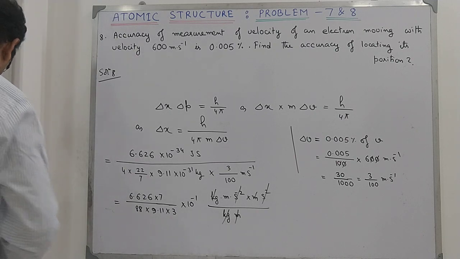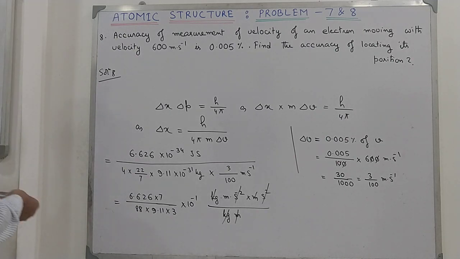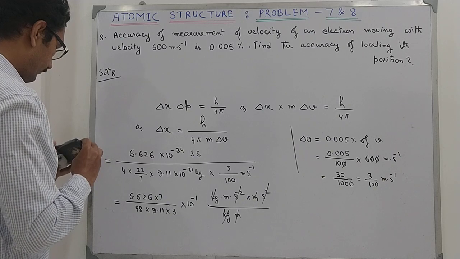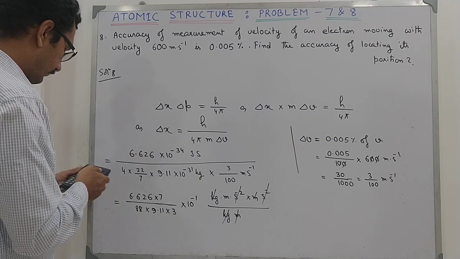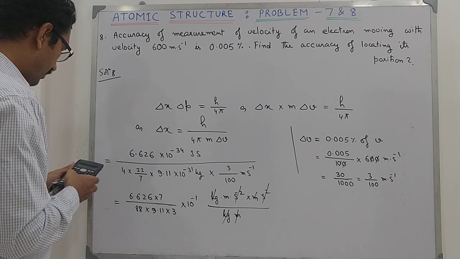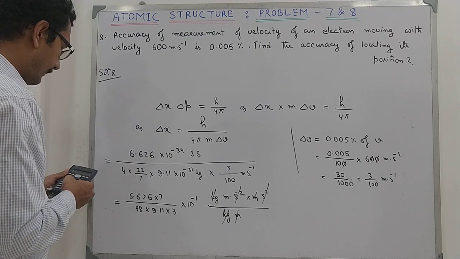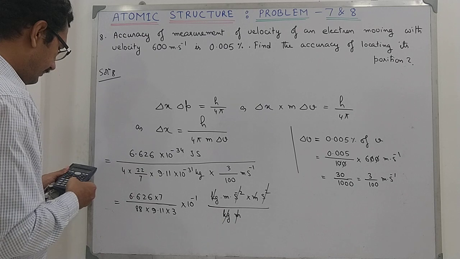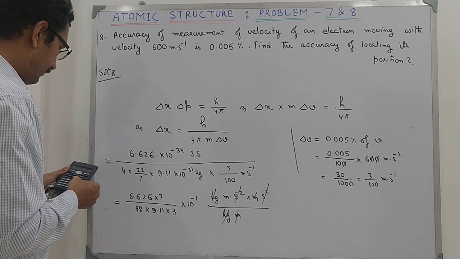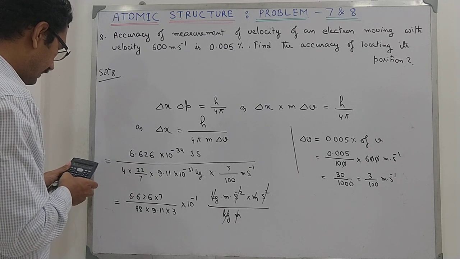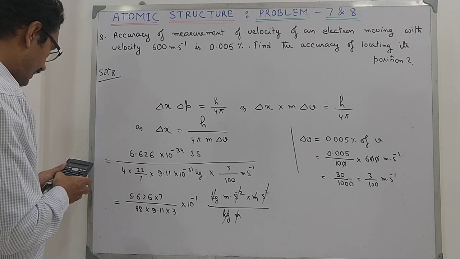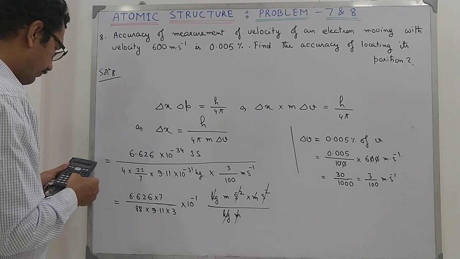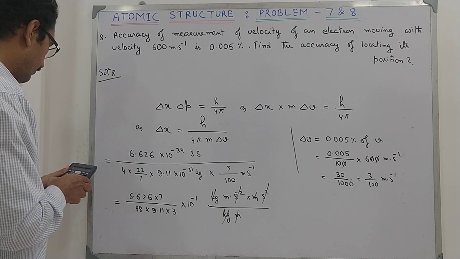Now we have to calculate the value, so we need a calculator. 6.626 into 7 equal to, divided by 88 equals to, divided by 9.11 equals to, divided by 3 equals to.